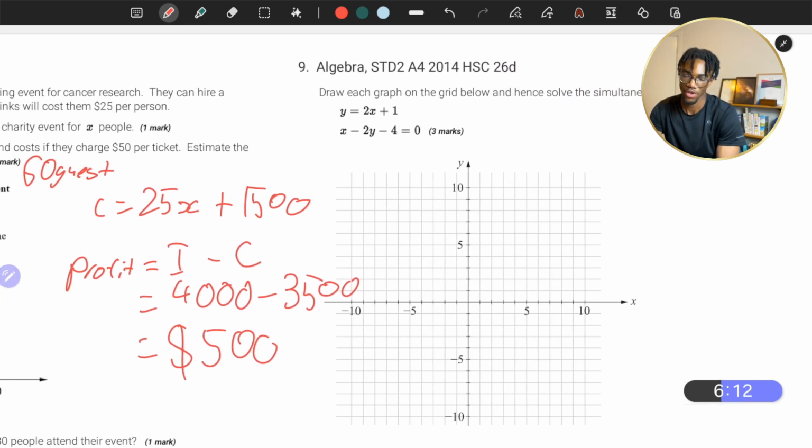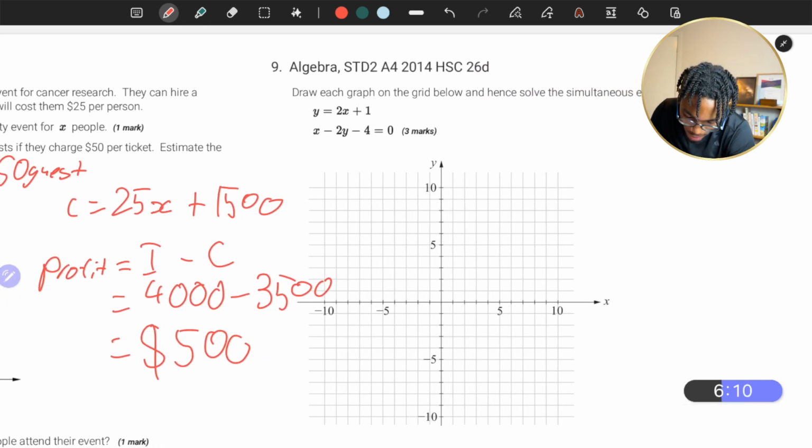Okay, moving on. Draw each graph below and hence solve simultaneously. Again, we're going to use this method: up 2 across 1, up 2 across 1. Draw a line between these points, just saving time.